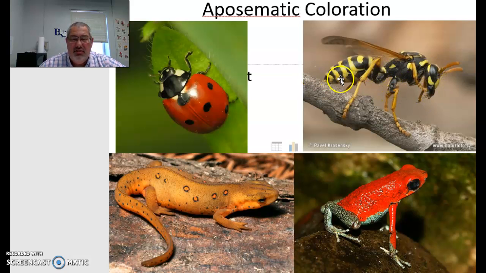Those are warning colors, the bands of yellow and black. The bright red of this poison arrow frog is a warning of poison or toxic danger, as is the red of the newt and the red and black of the lady beetle. So, warning coloration, saying I'm inedible, I'm dangerous, I'm toxic, I can sting you, I can hurt you.